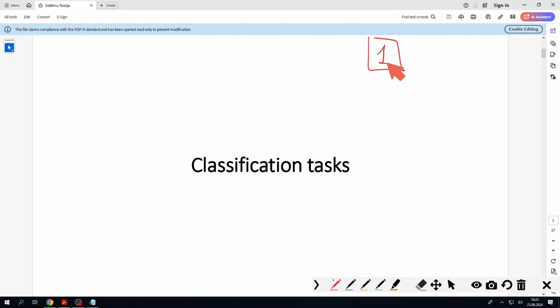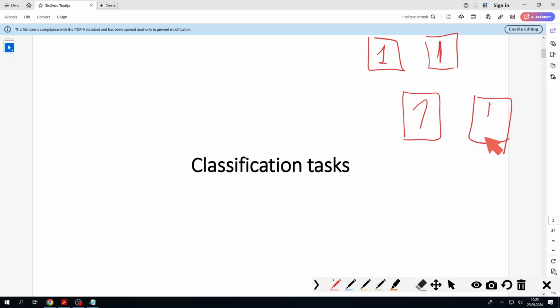Then you have another picture also with number 1, which may look somehow like this. Another picture of 1 may look even like this or like this. All of them are pictures of 1 and all of them need to be identified properly. Beyond that, you will also have pictures of 2, 3, 4, etc., all the way up to 0. So we will try to make a classification problem.